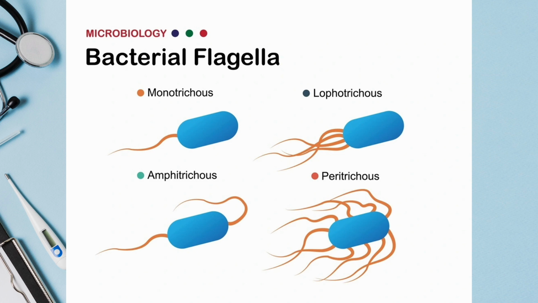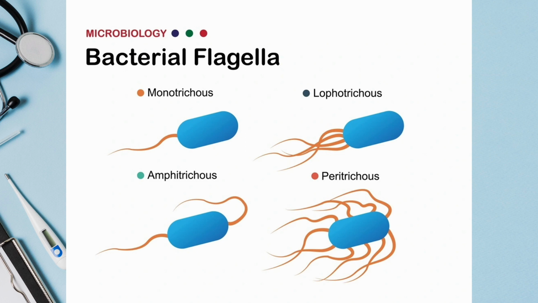And if you will observe, when we are talking about motile bacteria, most of them are rod-shaped bacteria. So we have two edges, two poles of bacteria. If it is monotrichus, the flagella will be situated on one pole. If it is amphitrichus, flagella will be situated in both poles.